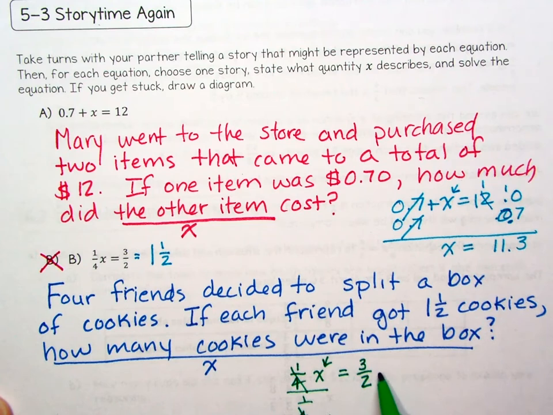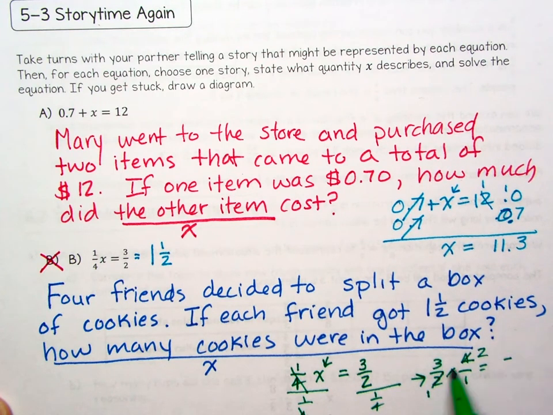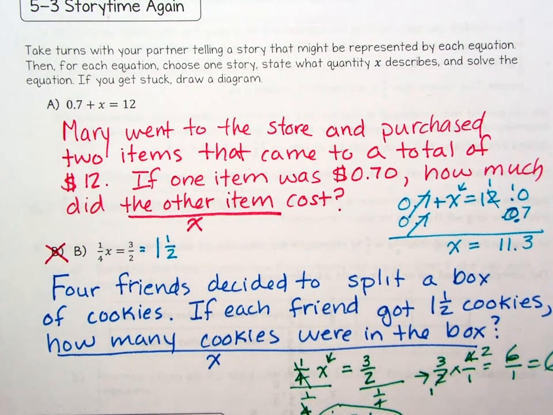And if I divide 3/2 by 1/4, that's the same as 3/2 times 4/1. I can do a little simplifying. 4 and 2 can both be divided by 2. And I end up with 6/1, or 6. So the number of cookies that were in the box is 6.